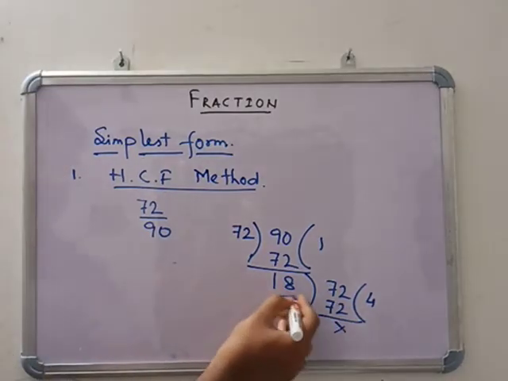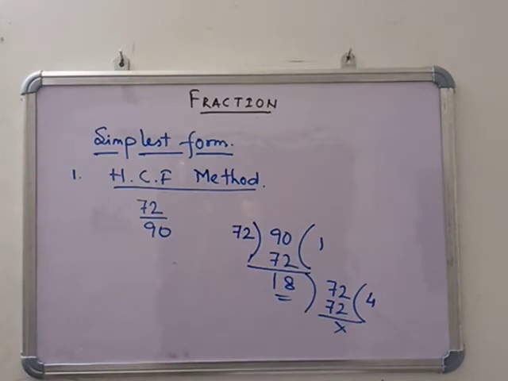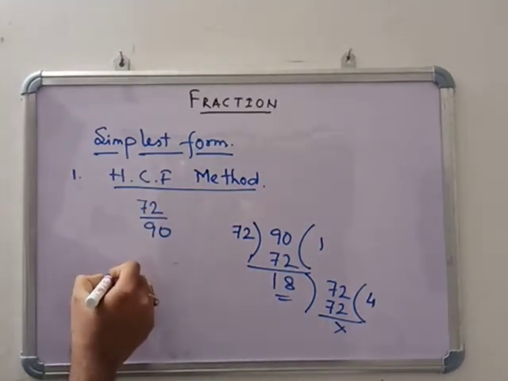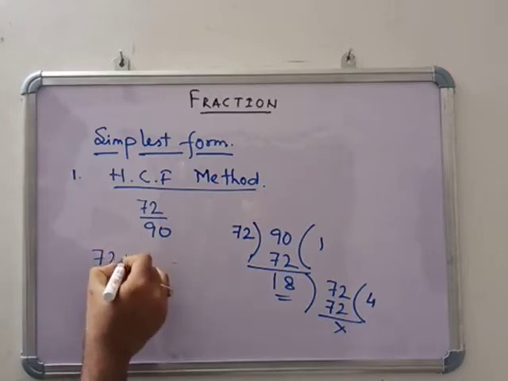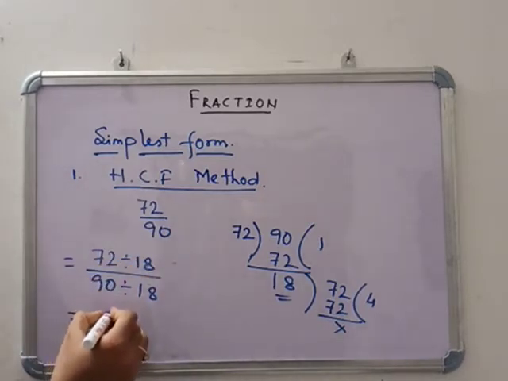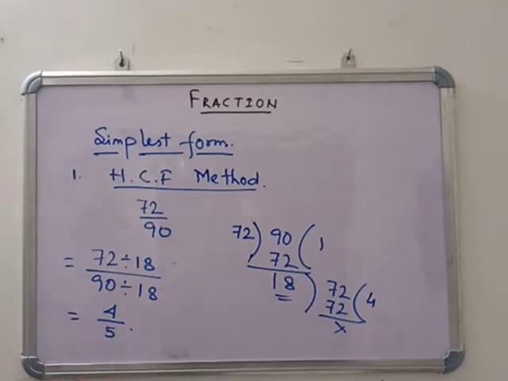So 18 is the highest common factor of these two numbers. If we divide both by 18, we get 4 by 5. So 4 by 5 is the simplest form of 72 by 90.